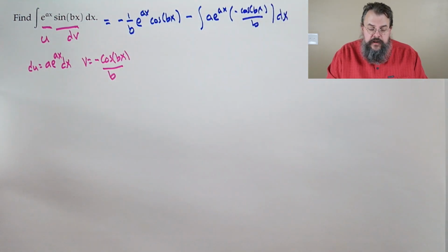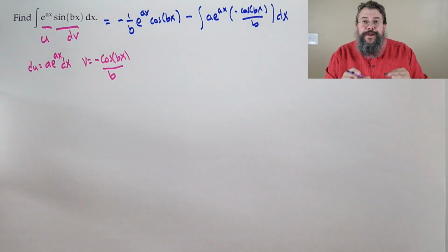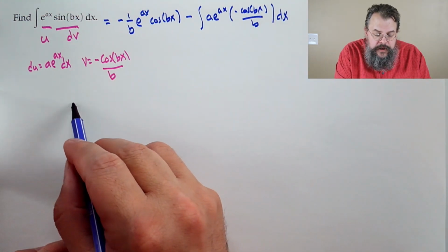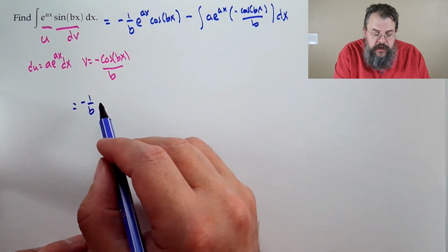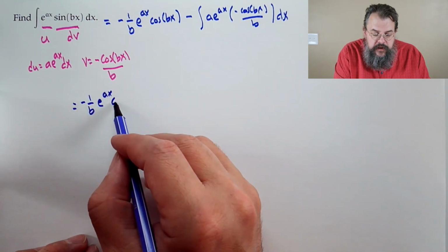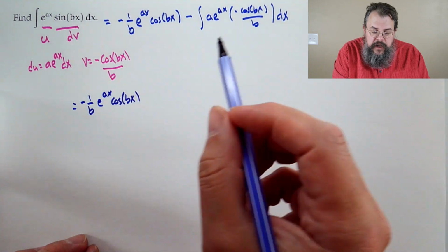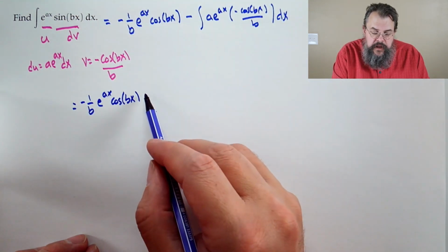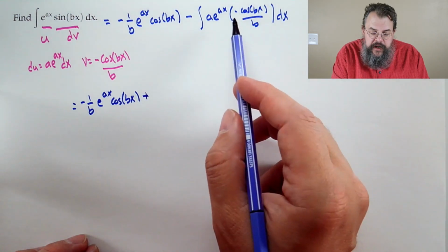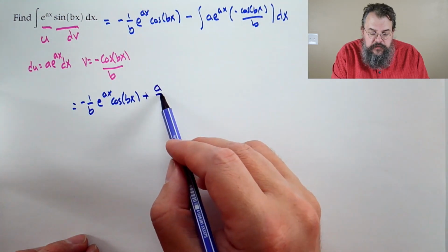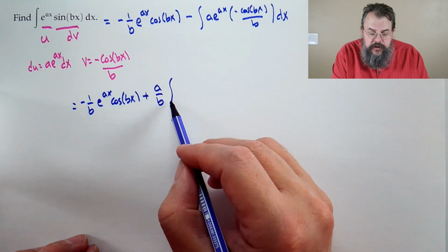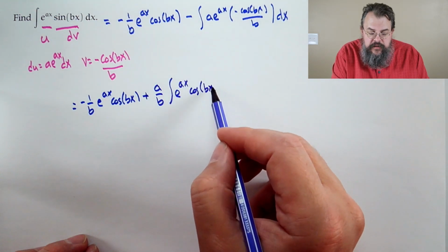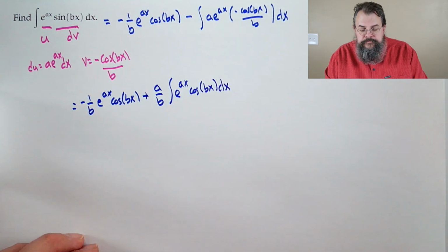Okay, so let's clean that up a little bit. So what do we have? We have minus 1 over b e to the ax cosine of bx, and we can pull out the constant. So a is a constant, and a minus 1 over b is a constant. So it makes plus, because minus minus is a plus, a over b integral e to the ax cosine of bx dx.